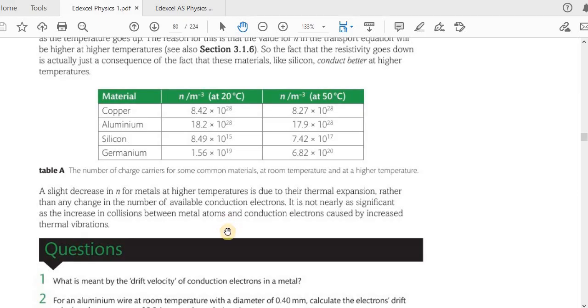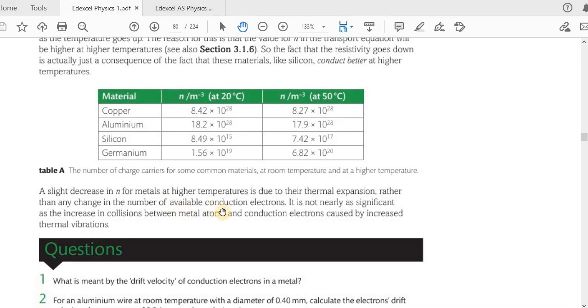So we can say the conduction electrons remain the same, but when you heat a metal, it expands. So volume increases, N remains the same. You have the same number of conduction electrons in a larger volume. So that means the number density, which is the number of conduction electrons per cubic meter, decreases, which means N decreases.